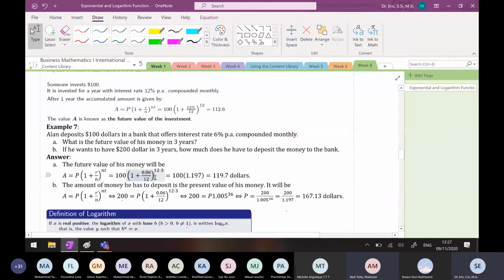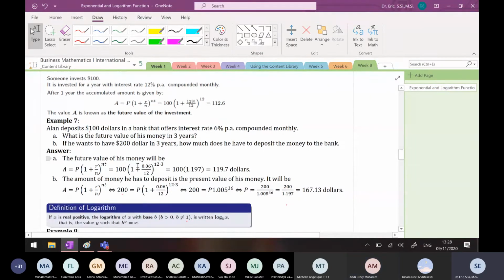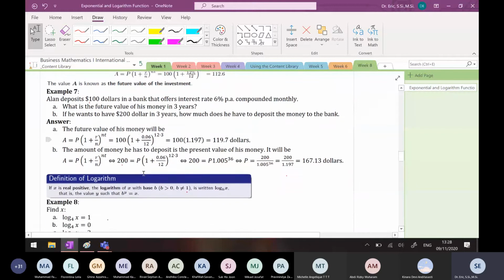Yes. And if it is compounded quarterly, you will have to divide it by 4 and the power of 4 times t. Okay. Thank you so much, sir. Okay, your name? Abdi, sir. Abdi Muaram. Okay, thank you for the questions.